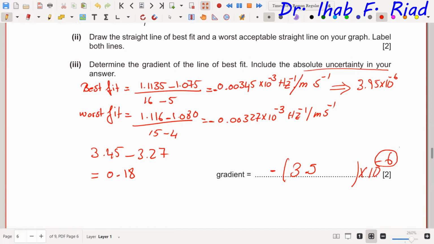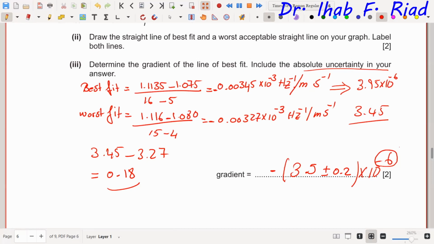Okay. Now we round it to how many significant figures? To one significant figure. It's going to be 0.02. Is it 3.5 or 3.45? It is going to be 3.45.